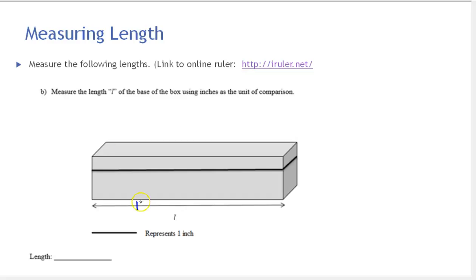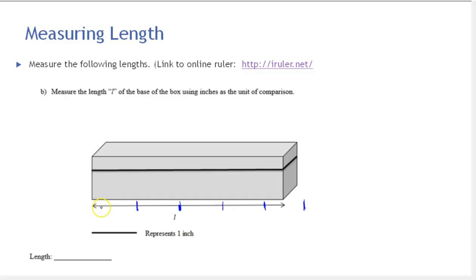Now I'm lining the paper up at this tick mark, and here's my 2nd inch, 3rd inch, 4th inch, and here's where my 5th inch would be. Okay.